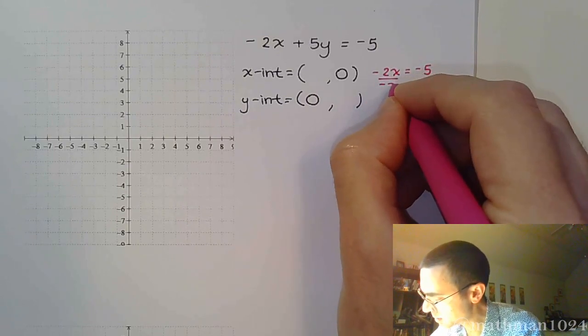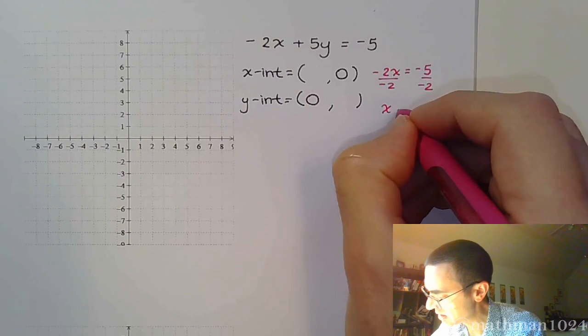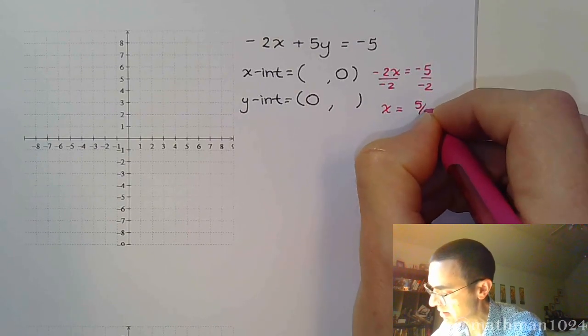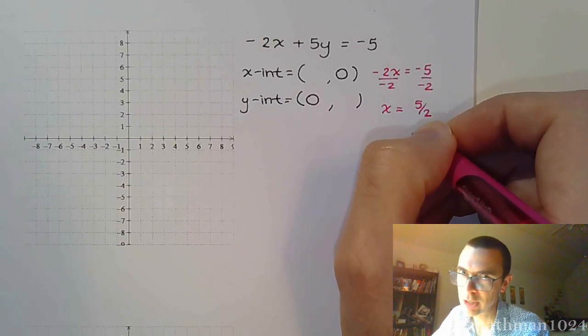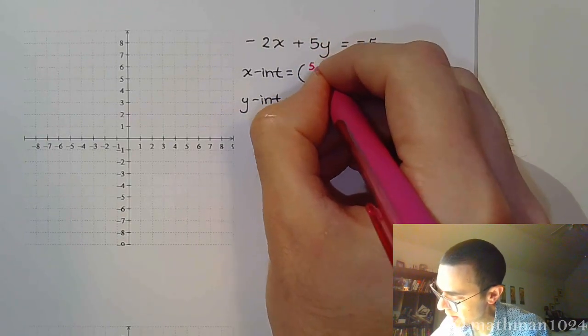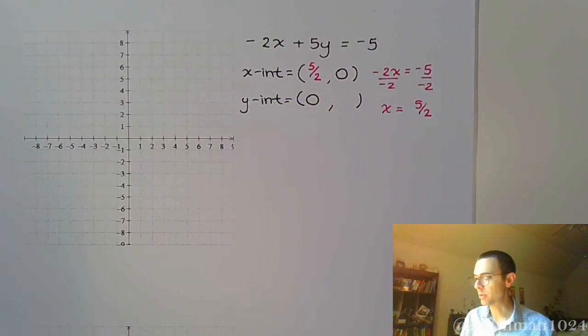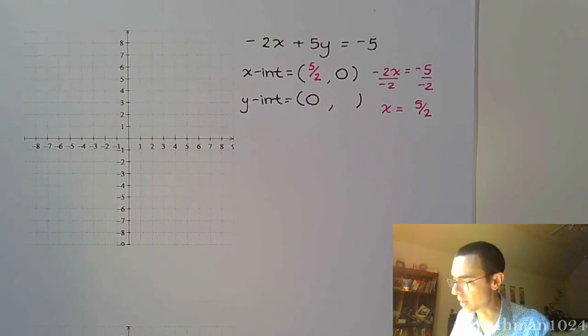So let's see, divide both sides by negative 2. You didn't tell me we were going to have fractions. All right, we're going to come back and address that guy here in just a moment. I'm just going to ignore him for right now.